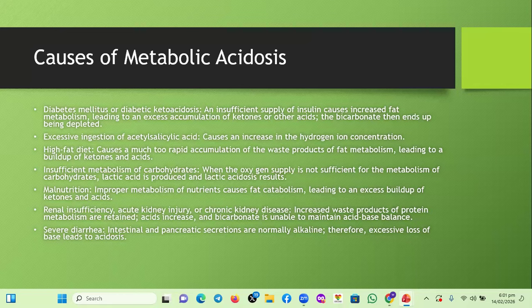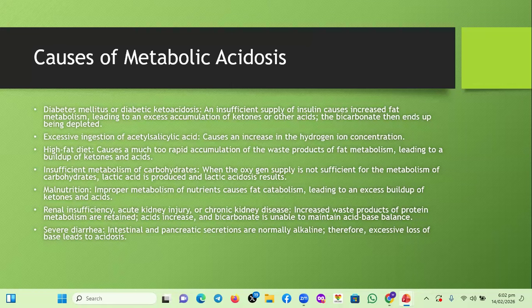Then the opposite, if the person is vomiting more, the vomiting will bring up more hydrochloric acid, and then the body will become alkalotic in nature through the vomiting. But if it is through the rectum, it will lead to metabolic acidosis.